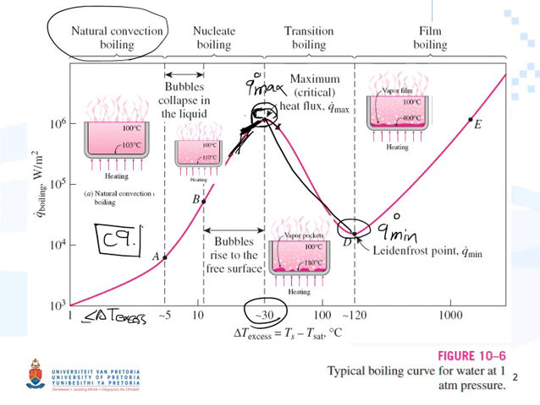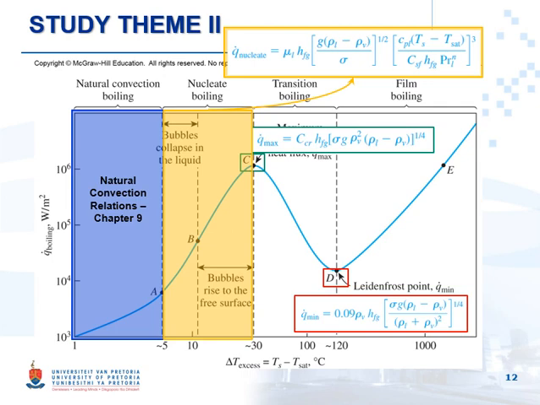Okay, let's go to this one. I put everything here in one figure to show you. For natural convection relations, if you remember, I told you to go to chapter 9. For this yellow section, which is the nucleate boiling, we have just one correlation. For Q dot max, we have one correlation that you use.